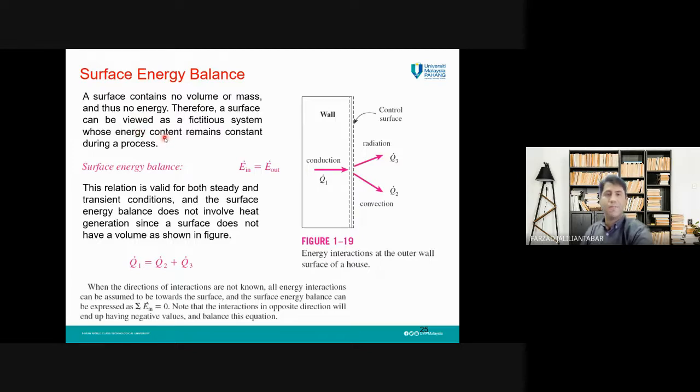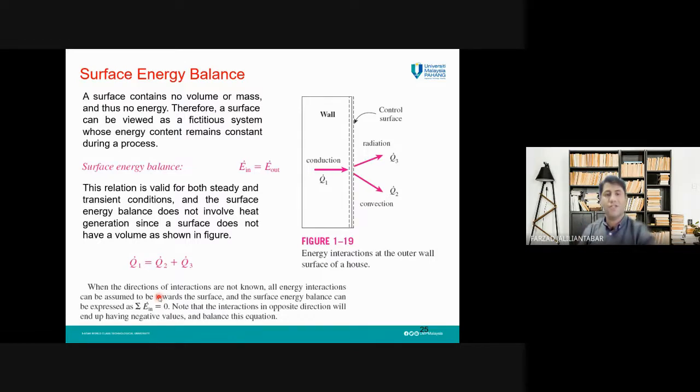In practice, we cannot have such a surface with these properties, but we can assume that we have a surface with these properties. How about the directions? Direction is not important. We can write all of these heat transfers like this: summation of Q in equals 0. In other words, we can assume all of the heat transfers are toward the surface.